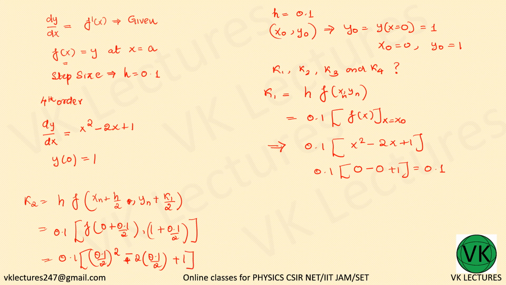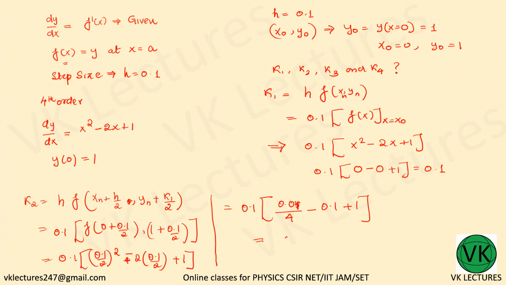Again this gives 0.1 into [0.01 divided by 4 minus 0.1 plus 1].